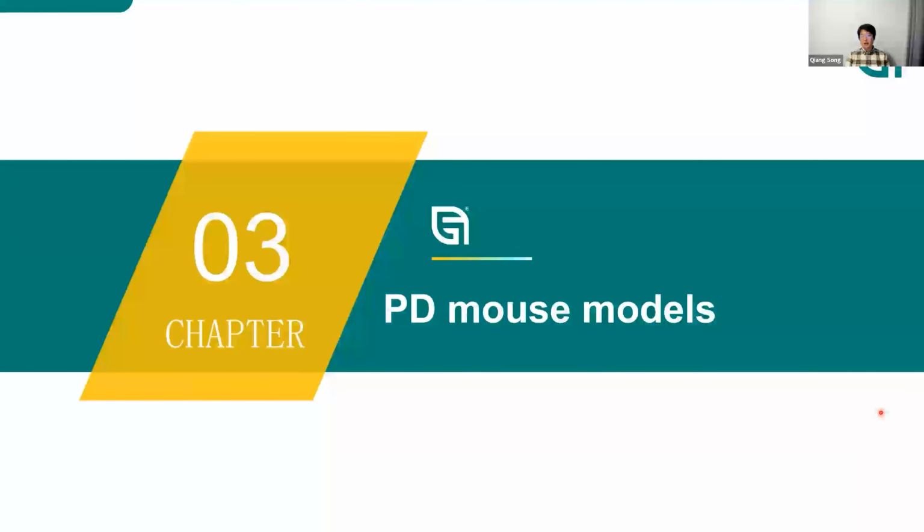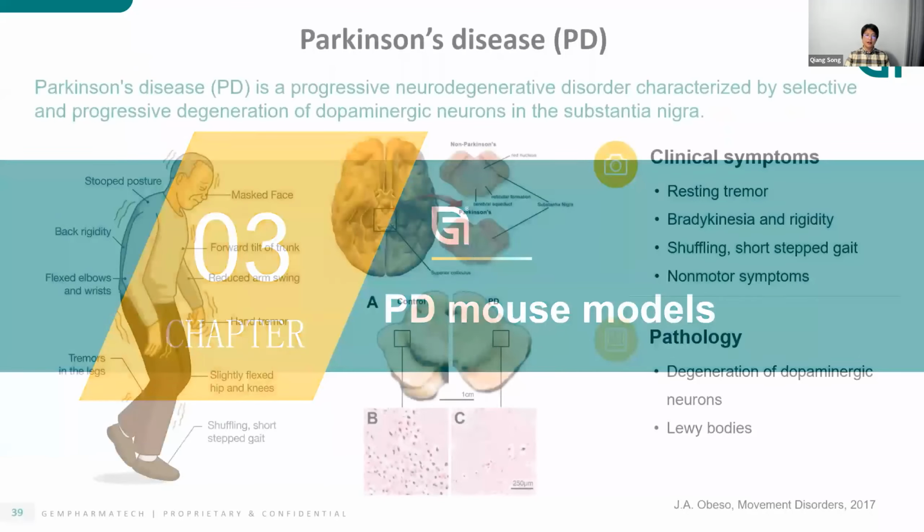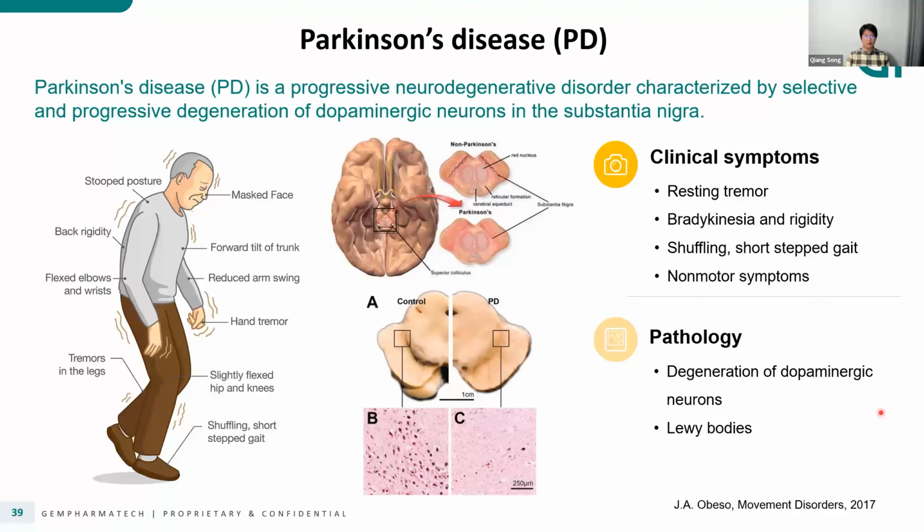In the third part, I would like to give a brief introduction to our Parkinson's disease mouse model. Firstly, a brief introduction about Parkinson's disease. Parkinson's disease is a progressive neurodegenerative disorder characterized by selective and progressive degeneration of the dopaminergic neurons in the striatum and the substantia nigra, with clinical features like tremor, bradykinesia and rigidity.